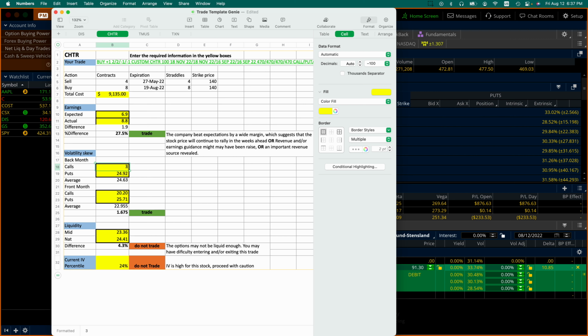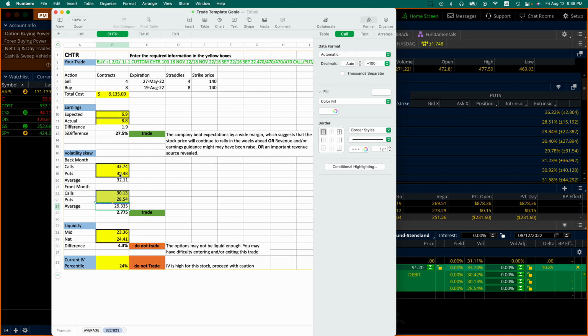So I'm going to enter 33.74. Incidentally, I only trade those that are less than 40% volatility in most legs, or in all legs really, at least the back month. Okay, so that's less than 3%.